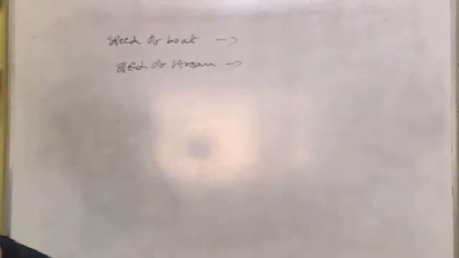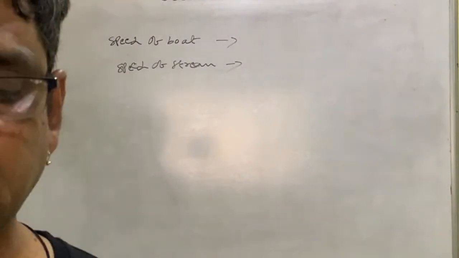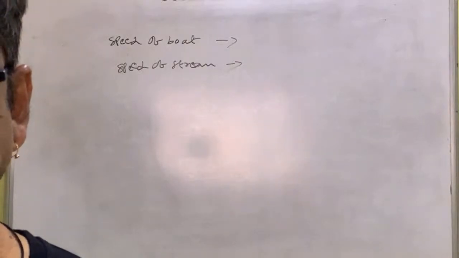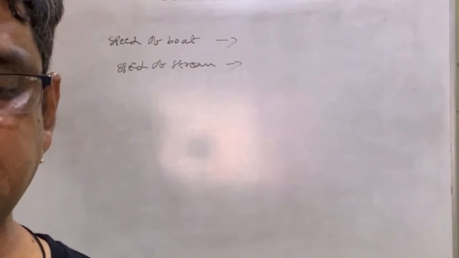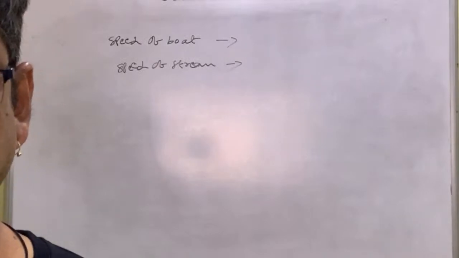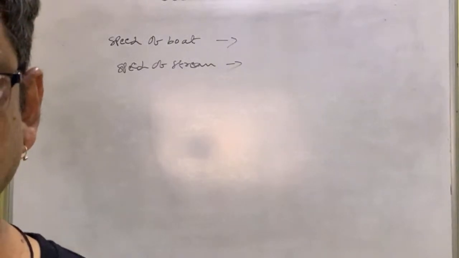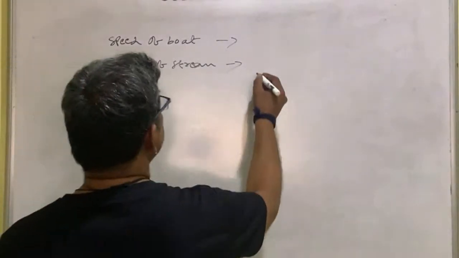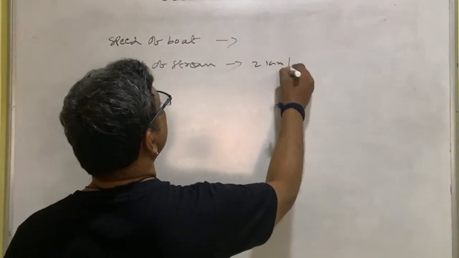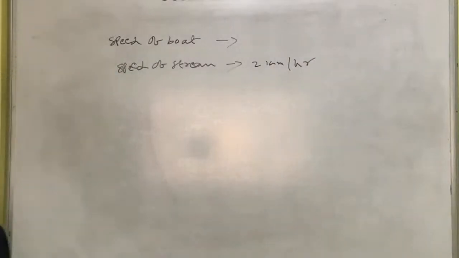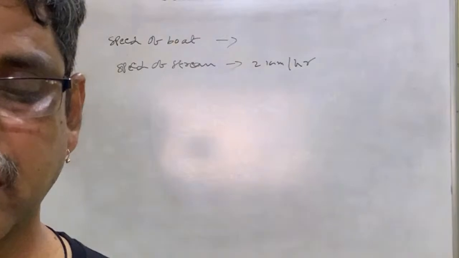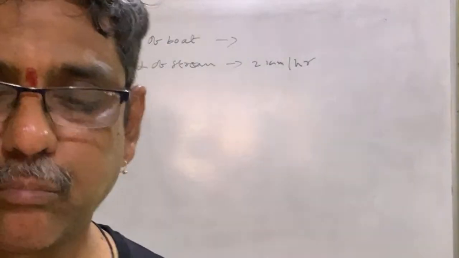A sailor can row a boat 8 kilometers downstream and return back to the starting point in 1 hour 40 minutes. If the speed of the stream is 2 kilometers per hour, find the speed of boat in still water.